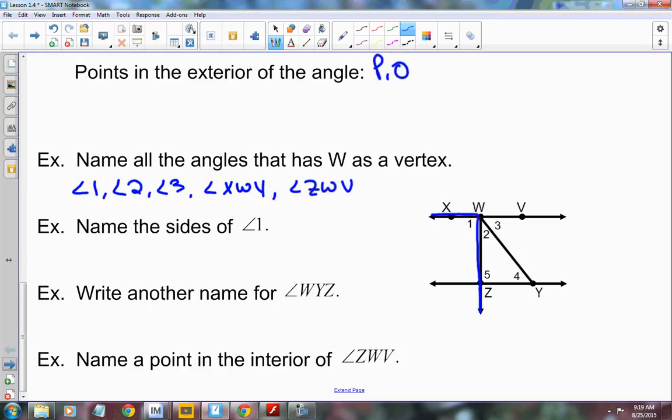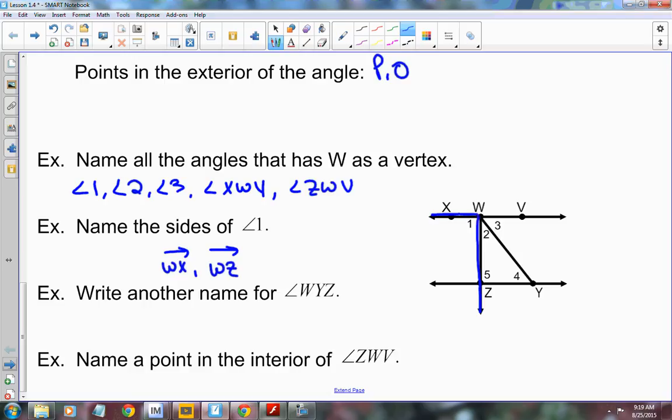They're rays, right? So if I'm going to name the sides, I need to name them as rays. If I were to name this side, it would be WX, because you have to go from the vertex out. So it would be ray WX, and then the other side is ray WZ. Okay, so those are the sides of the angle.